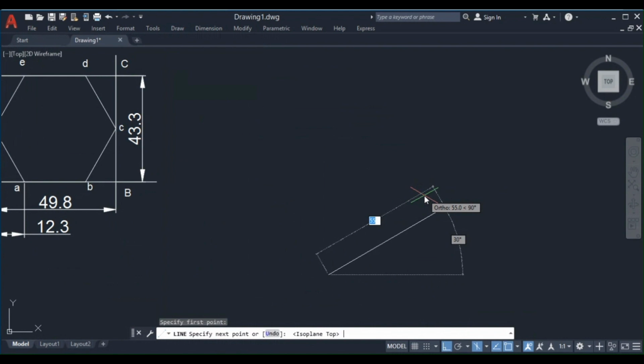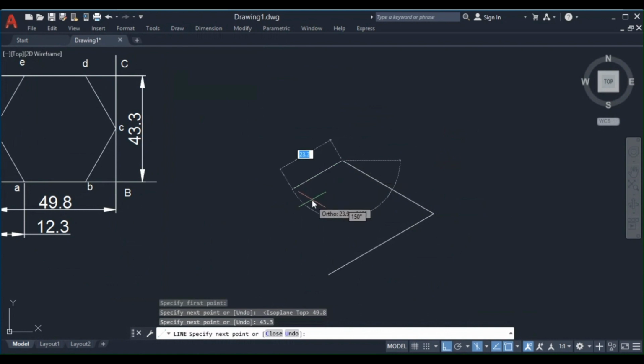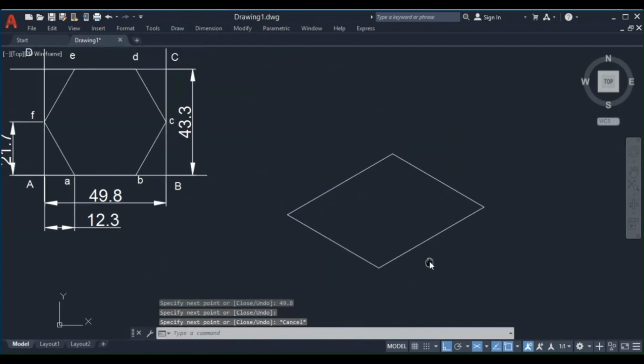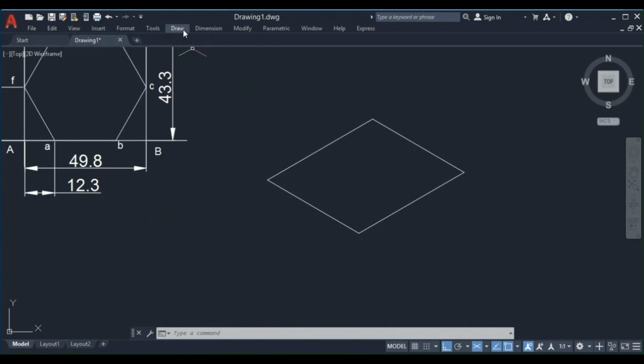Press F5, 49.8. 43.3. Again 49.8. Now 12.3, 12.3. So type to do the naming.